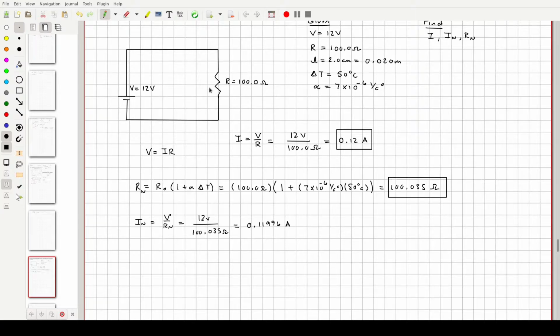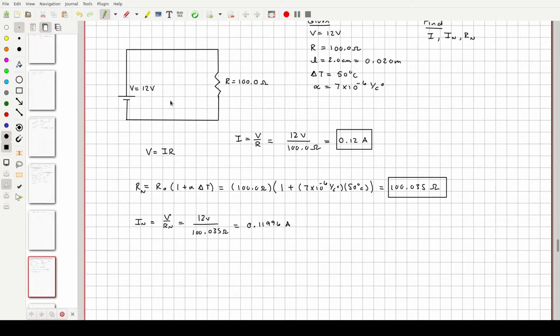Now that's not just going to affect the resistor itself. Anything, with the exception of a certain class of materials called superconductors, that you try to pass current through is going to have resistance, and that includes copper wire.